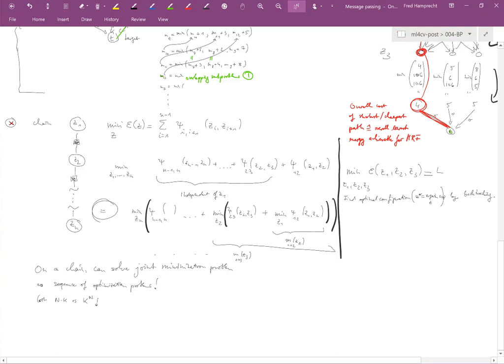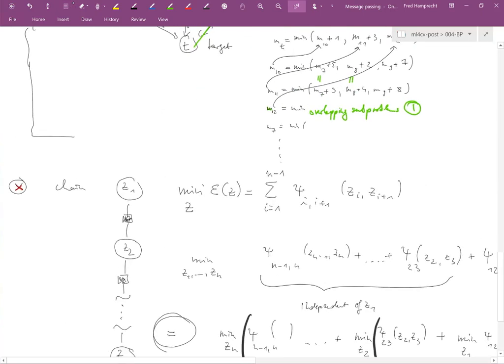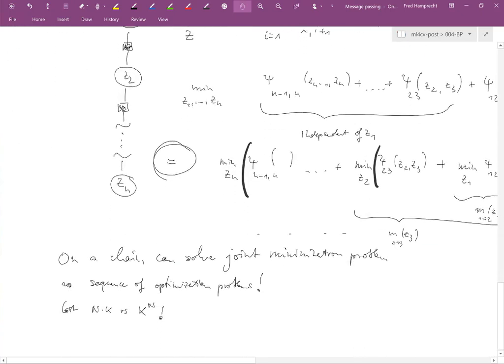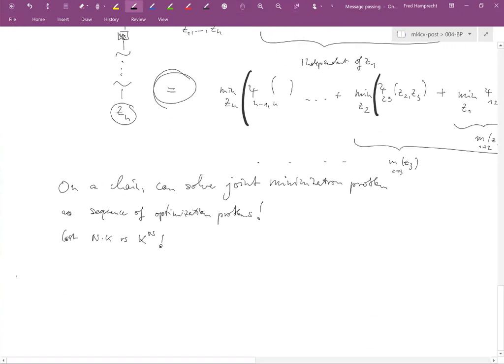Okay, so we started with a concrete number example. Then we went to the chain, and now I want to go to the next higher level of abstraction. I will give you now the algorithm.